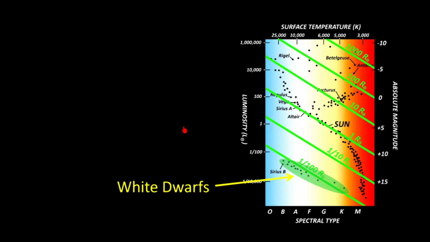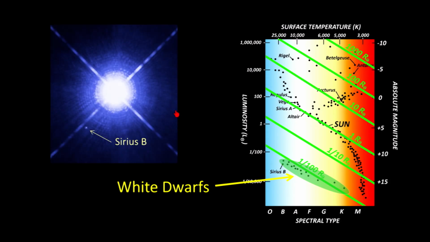And let me actually show you a picture of that. So this is a photograph. This is Sirius A. Notice it's a very bright looking main sequence star. This is one of our nearby neighboring stars. It's only about 8.5 light years away. It'll be the brightest star that you can see in the sky tonight. So Sirius A is the brightest star in the nighttime sky.